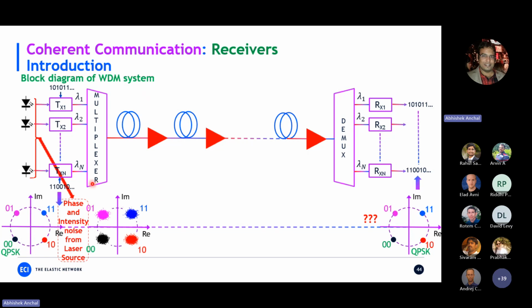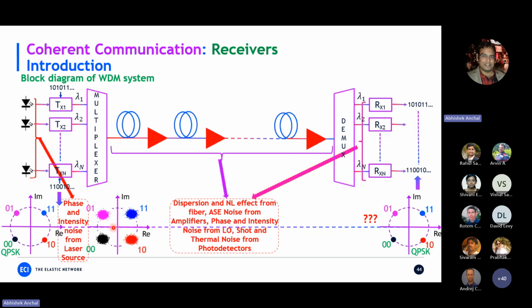And why so? Because at the beginning of the transmission, we actually didn't transmit what looks like an ideal constellation for QPSK, because the transmitter itself has phase and intensity noise. So it's noisy. As you can see, the symbols are noisy.